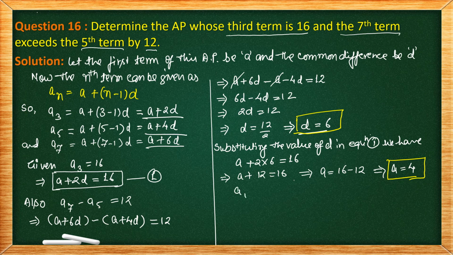So a1 is equal to 4, a2 is equal to a1 plus d. This will be a1 is 4, d is 6, so the second term will be 10. The third term a3 will be a2 plus d. This is 10 plus 6, that is 16.